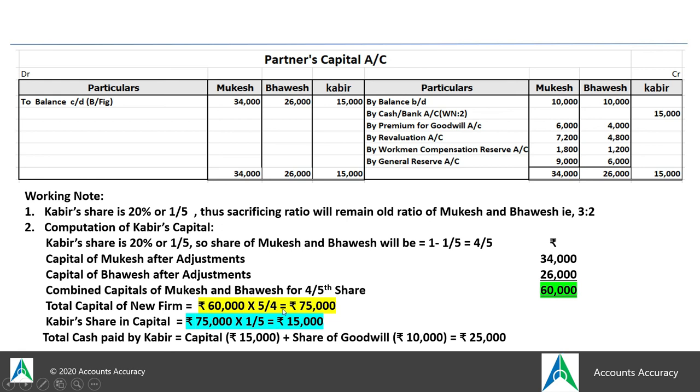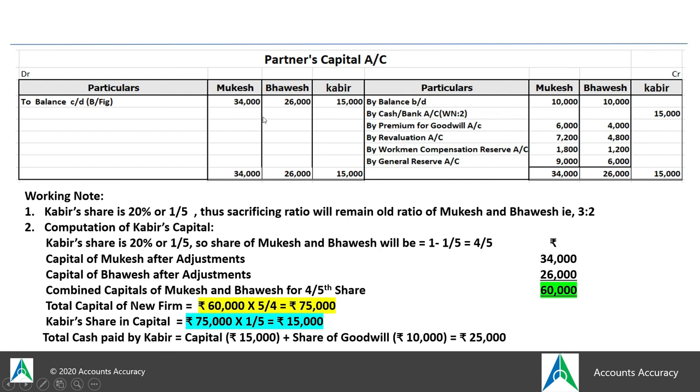We then multiply 75,000 with 1/5, that is 15,000, the capital of Kabir's share in the firm. Now this 15,000 is the amount which needs to be reflected in Kabir's capital account.